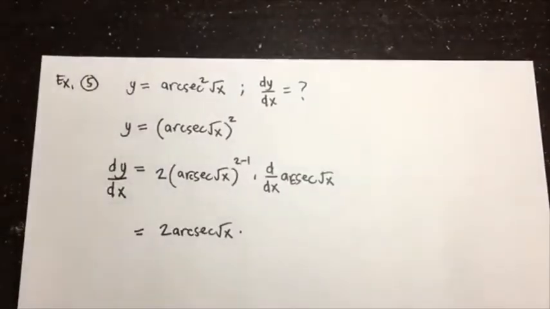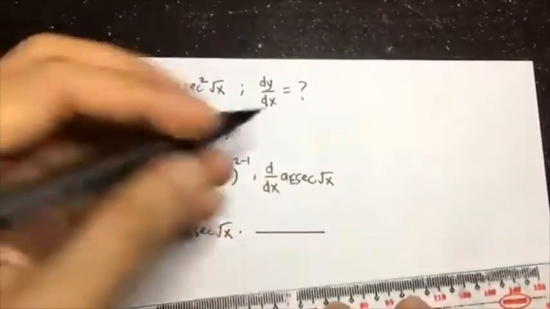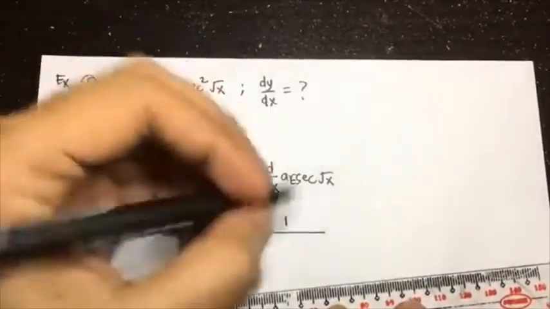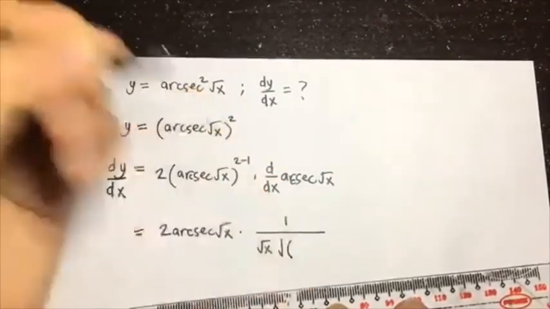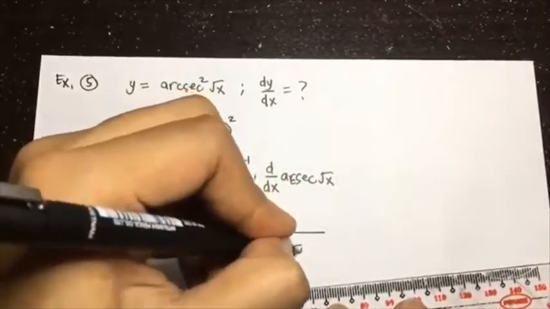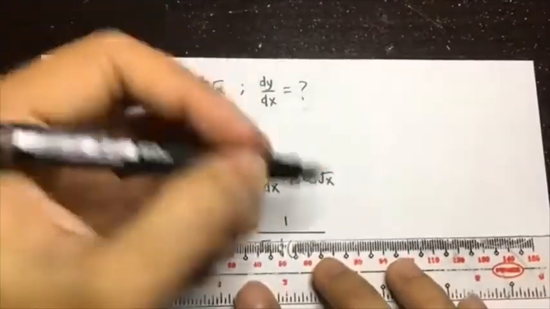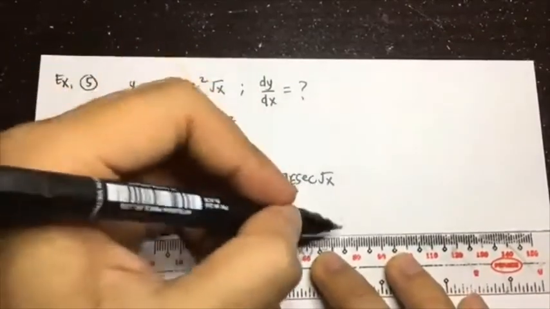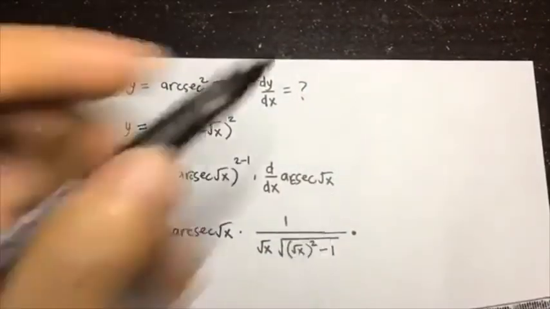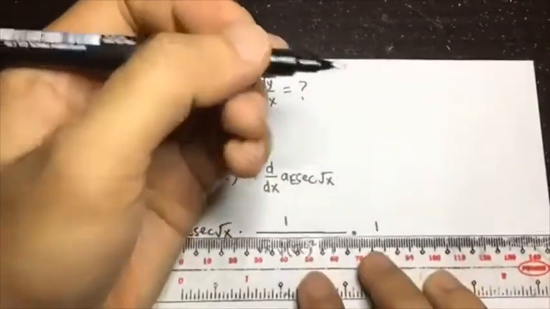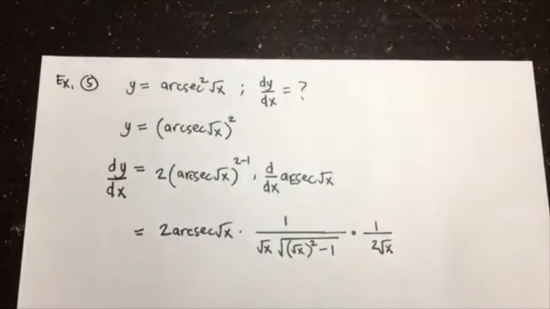So therefore it's 1 over u, which is square root of x, multiplied by square root of u squared, so square root of x squared, minus 1, multiplied by the derivative of square root of x, which is 1 over 2 square root of x.